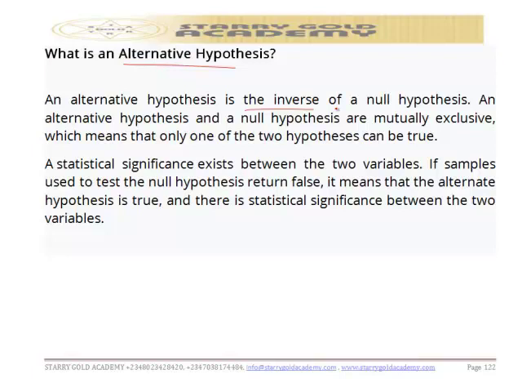So a statistical significance exists within the two variables. If samples used to test the null hypothesis return false, it means that the alternative hypothesis is true. So there is a significant relationship between the two variables in question.